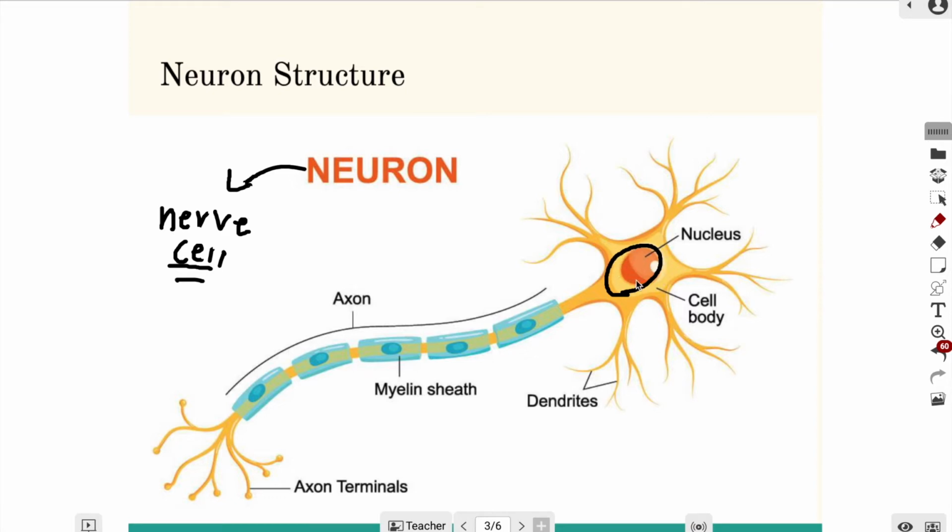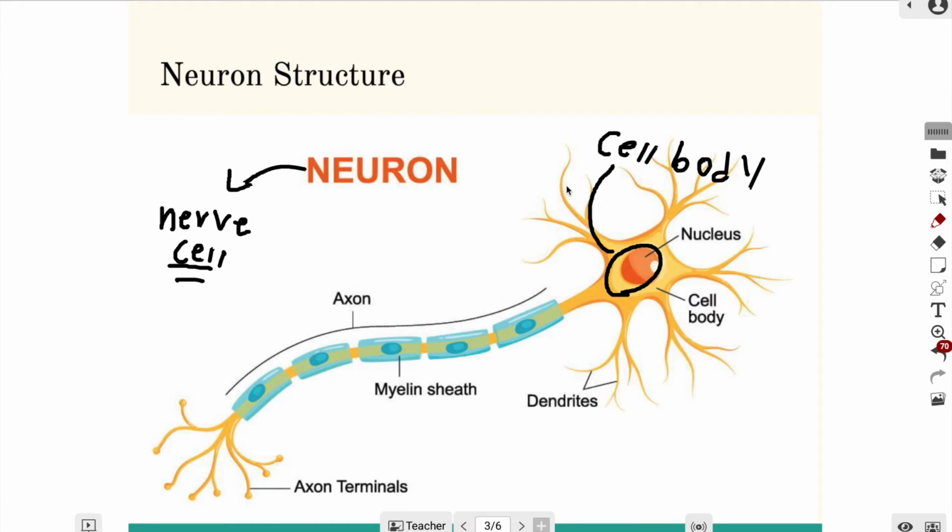The reason why we call this entire neuron a nerve cell is because this part in particular is known as the cell body. So we know that the neuron is a nerve cell. It is a cell pretty much because it has a nucleus.